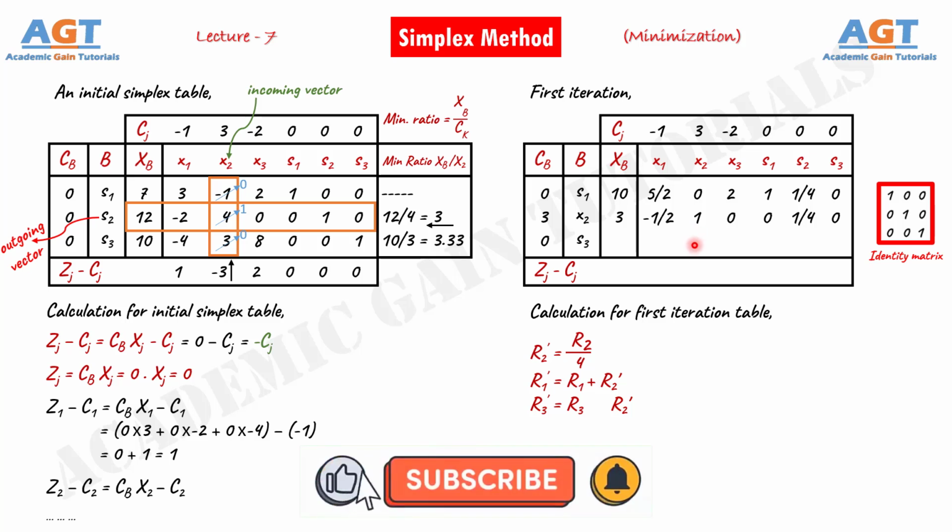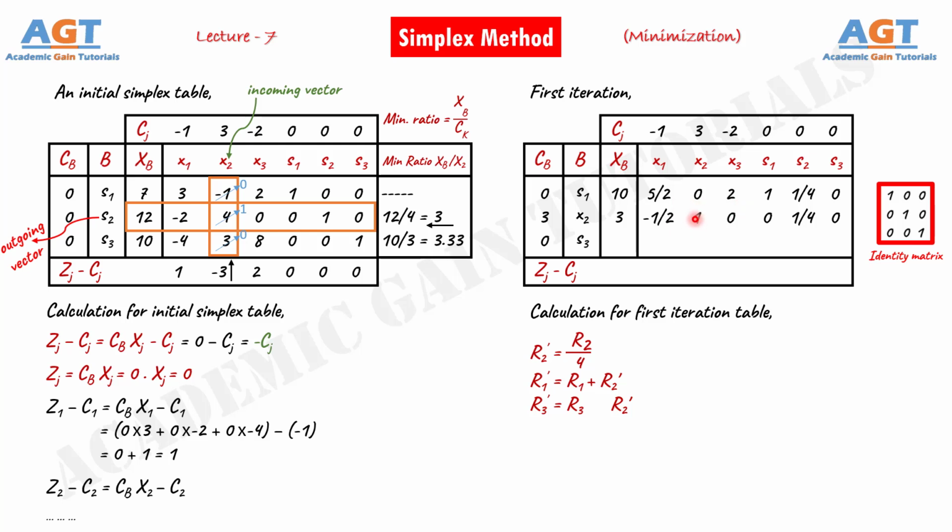So, here we have 3, and here in R2- we have 1. So, if we multiply 1 with 3, we will get 3. Then if we subtract that 3 from this 3 of the old row, we will get 0 in this position. So, the operation will be R3 minus R2- multiplied by 3. We will multiply R2- by 3, then subtract from R3.